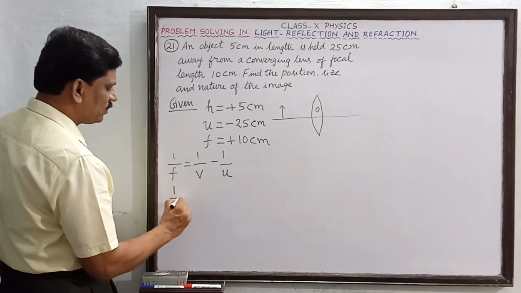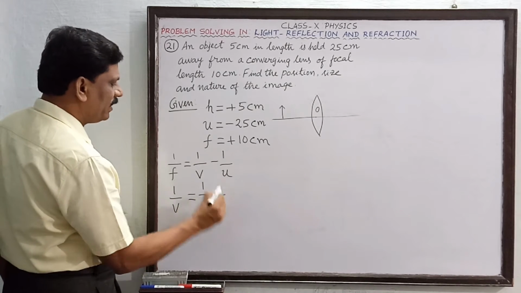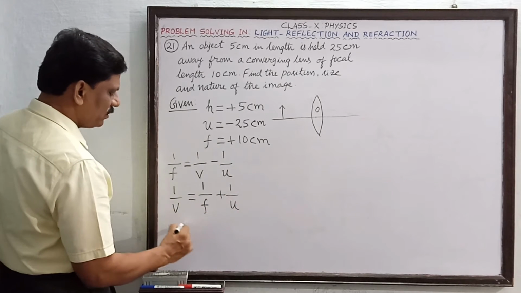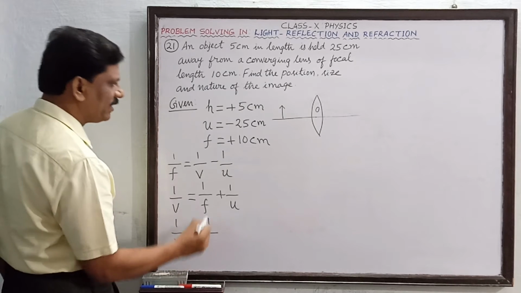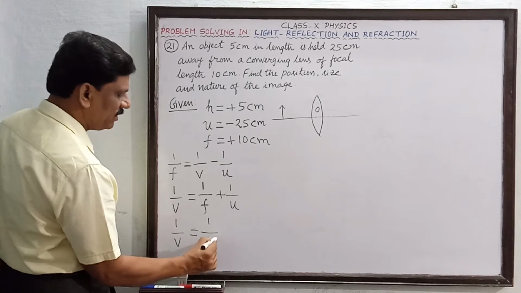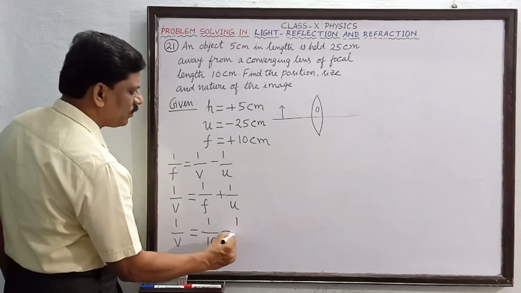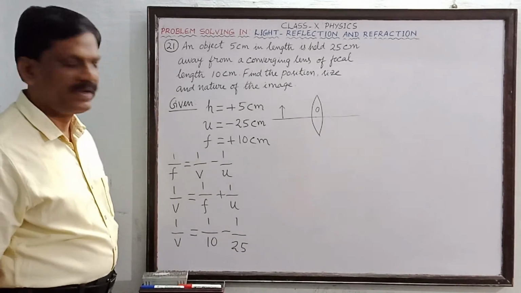So from this 1 by v is now equal to 1 by f, this minus 1 by u comes as plus 1 by u. So 1 by v is now equal to 1 divided by focal length 10, okay students, plus 1 by 25 will become minus 1 by 25.